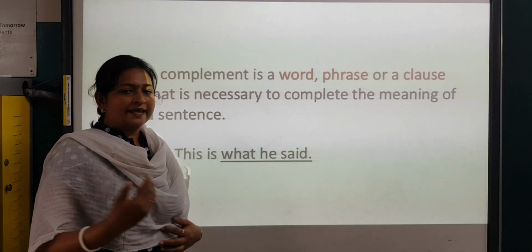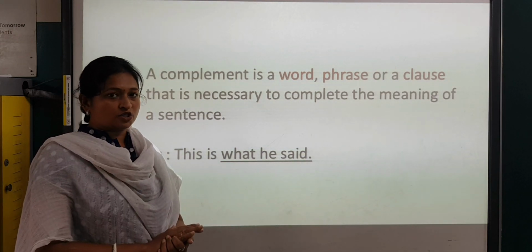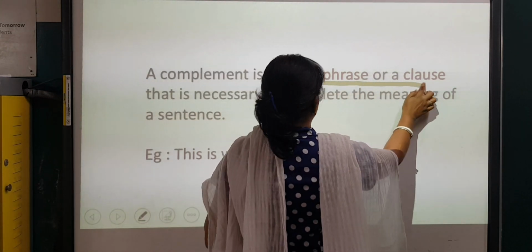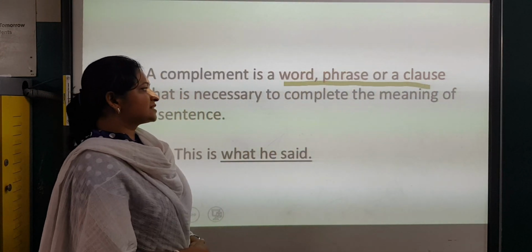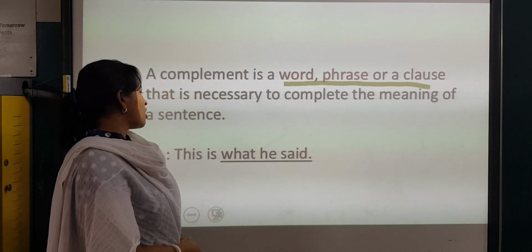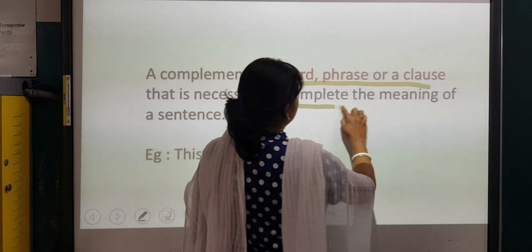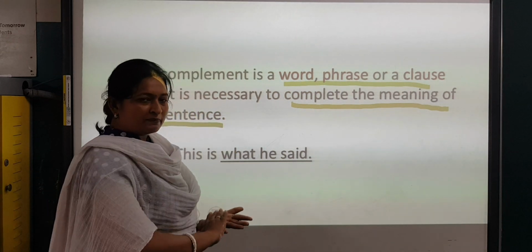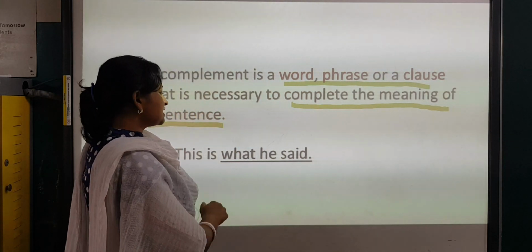So children, let's revise what I have taught you just now. A complement is a word, phrase or a clause that is necessary to complete the meaning of a sentence. Okay, so complement always completes the meaning of a sentence. Complement, complete. This is what he said.